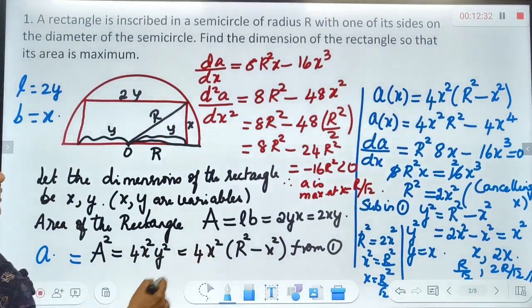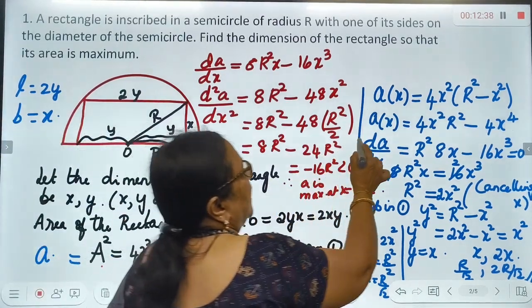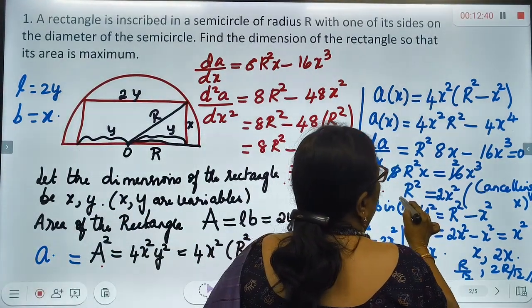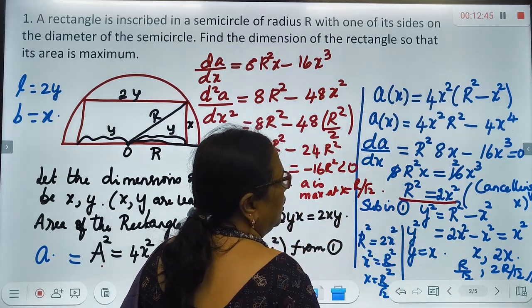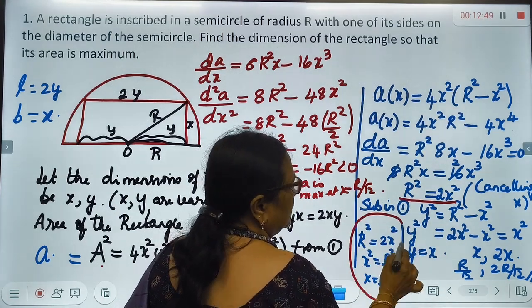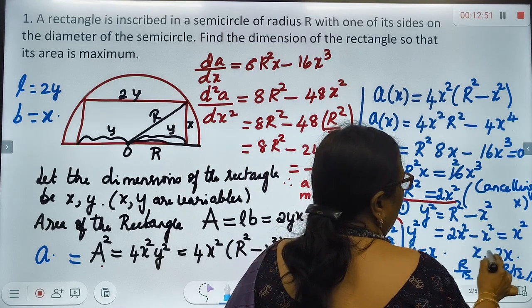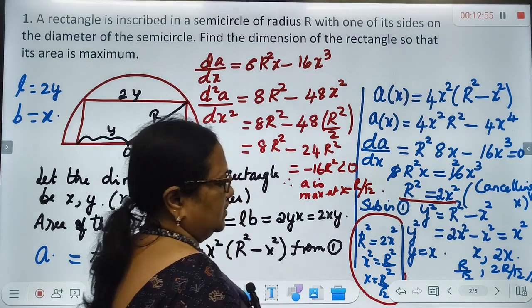Squaring, because if A is maximum, then A square is also maximum. Calling A square as small a, I have differentiated. I have found r square equal to 2x square, from which I got x equal to r by root 2. Now substituting for y, you get y square equal to x square or y equal to x.